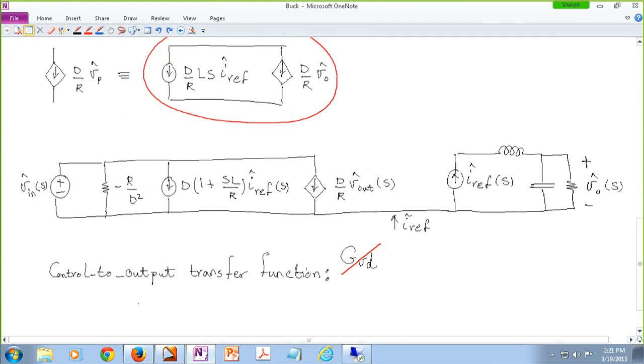We call it G sub VC. The V is output voltage, basically. C is actually control, which is IREF. So again, remember, this particular one that I'm about to write only holds for the buck converter. So this is basically highlighting how the output voltage is perturbed if I perturb the reference.